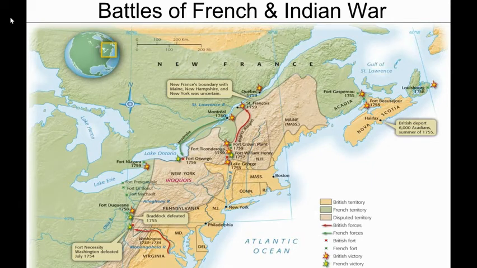And so I want to point you up to the St. Lawrence River, where you see 1759, the Battle of Quebec, the Battle of Louisbourg in 1758 over there east of Nova Scotia, and then kind of culminating in 1760 in the Battle for Montreal. And those were all very big British victories, and it leads not only to the French defeat, but also spells bad news for the Native Americans kind of caught up in the middle of this.